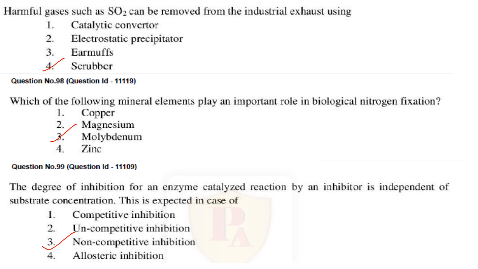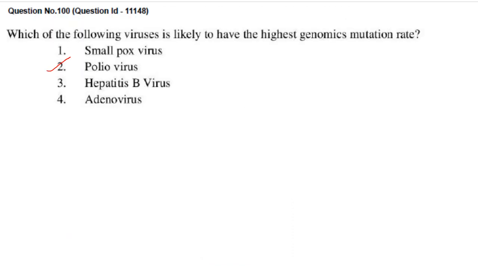That is the active site where the substrate binds. So it is independent of the substrate concentration. So answer is option 3. Then next one. Which of the following viruses is likely to have the highest genomic mutation rate? It is poliovirus. Why? Because it is an RNA virus and RNA viruses have the highest mutation rates.